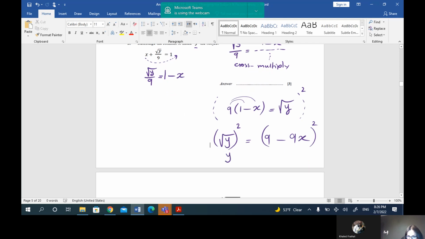So y is equal to 9 minus 9x all to the power of 2. That's the final answer.